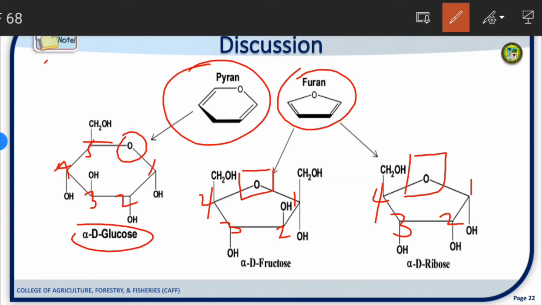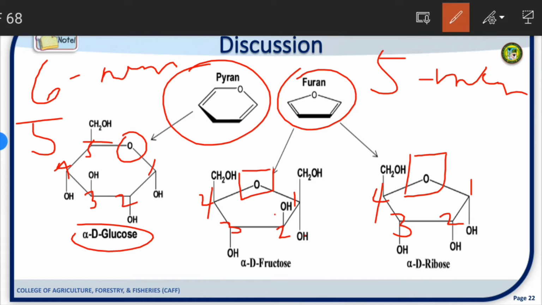So remember, a pyranose is a 6-membered ring. A furanose is a 5-membered ring, right? But it has 5 carbon atoms in a pyranose structure and 4 carbon atoms in a furanose structure.